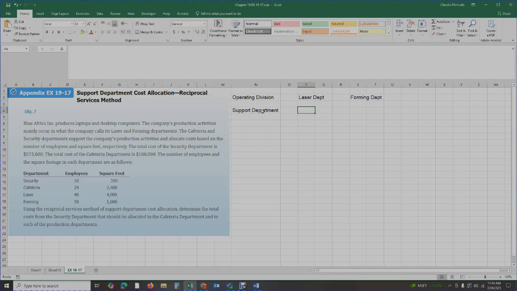Now, the security department safeguards the assets or the people, make sure that everything's safe, that there's nobody intruding to the departments. They take care of the security of the operations, okay? They don't manufacture anything. They're out there providing security services. So we have two support departments. We have the security and we have the cafeteria.